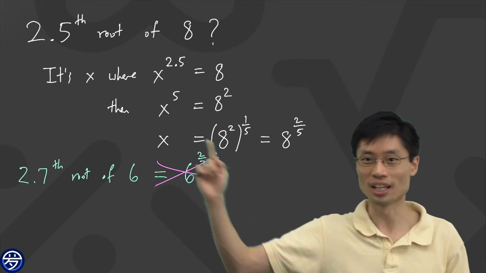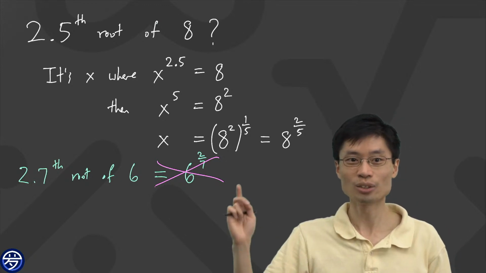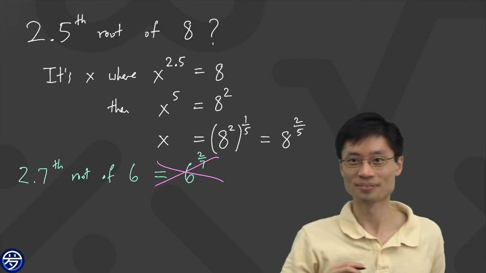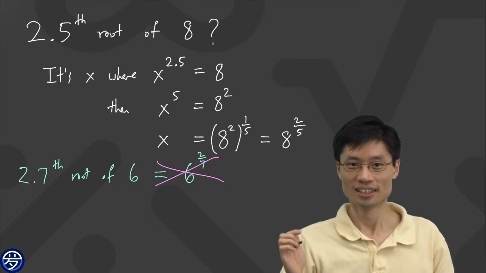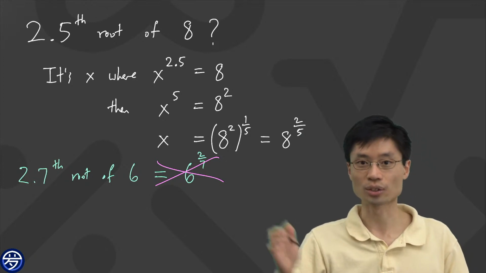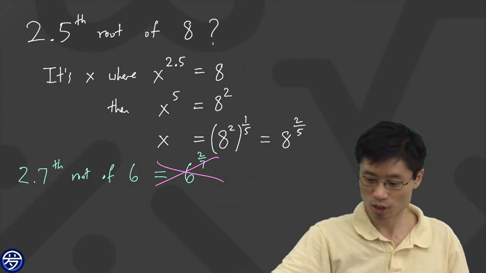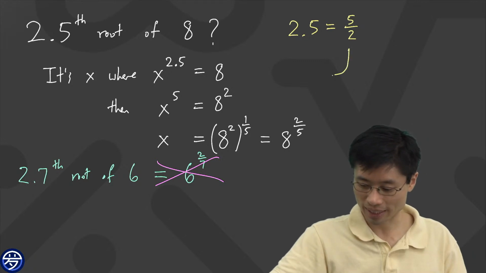The 2/5 was not 2 divided by 5. How do you get 2/5 from 2.5? Suppose I have 2.7, what would I do instead? So if I have 2.5, 2.5 happens to be 5 over 2, and so the 2/5 is actually the reciprocal.